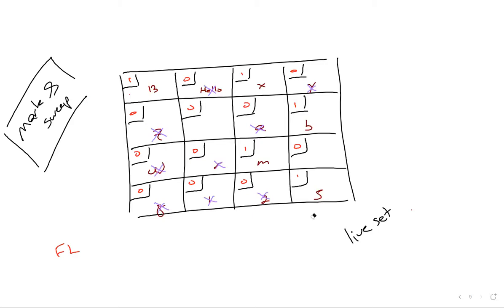That's the thought. Let's say garbage is 0. So when I allocated this 13, I'm going to immediately mark it with a 0. It's garbage. So notice that all these guys are going to be zeros.